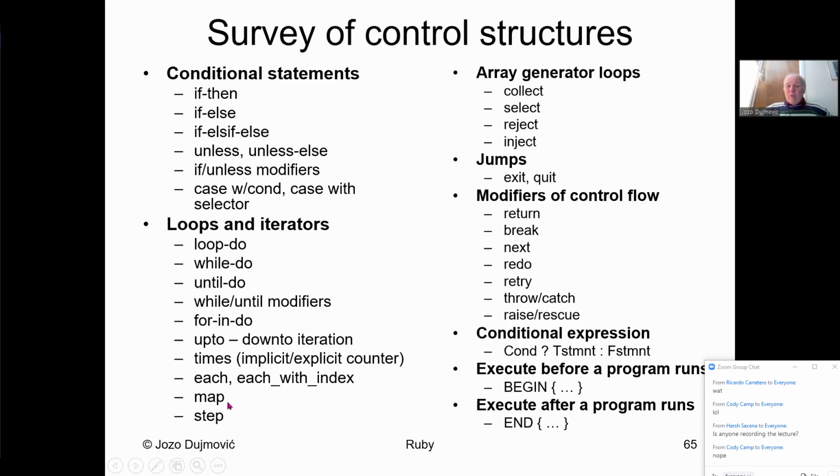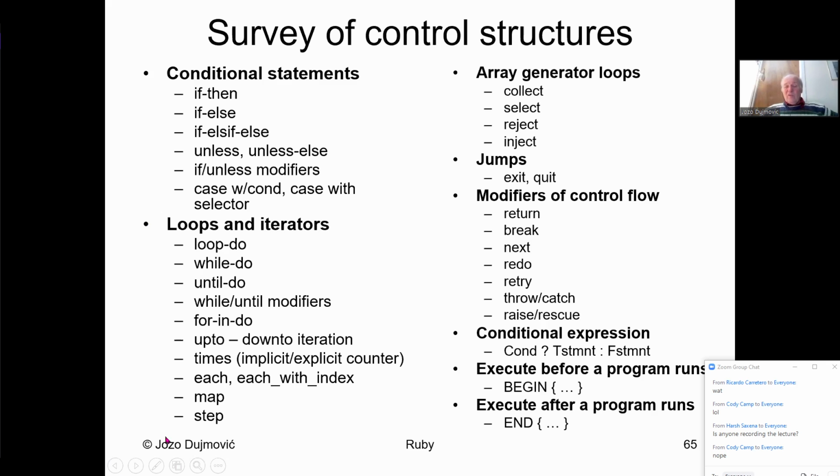Then comes map. Map is literally, brutally stolen from Scheme. It works the same as in Scheme and has the same name as in Scheme. Take a method and map it to a collection of objects. Apply the method to the first, second, third, to all objects, and get a collection of processed objects. So that's map, same as map in Scheme.